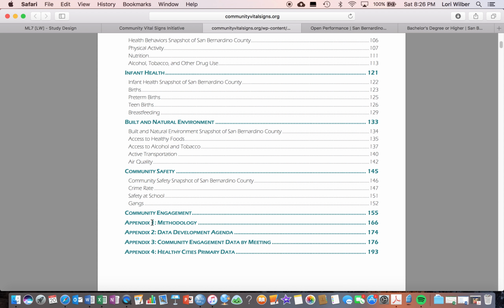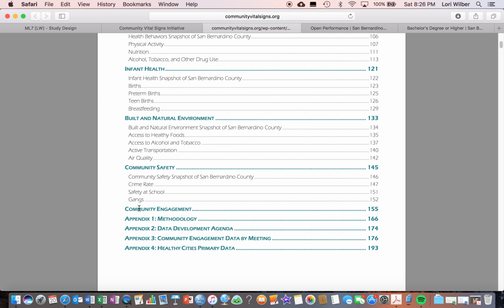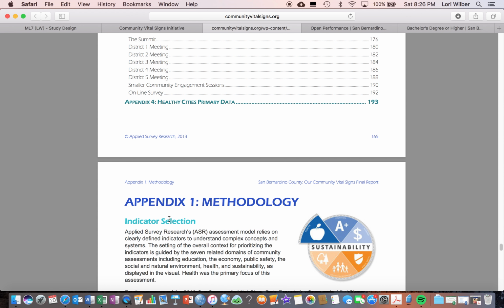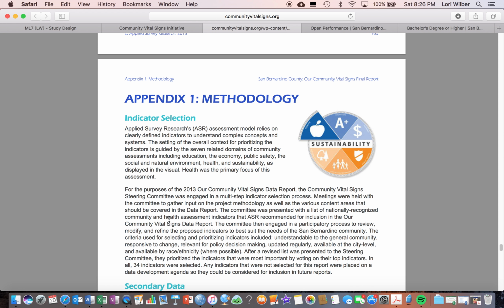What I'd like to point out in reports, and they've also talked about community engagements here, is that often we can get a sense of their methodology, and that's going to be really key in terms of understanding what they did.